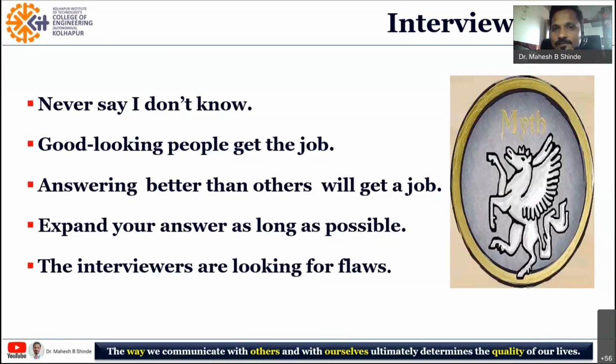How do you feel? Which is better? Number 1, politely accepting that I do not know the answer and I will come to know about it. Number 2, without knowing the answer, trying to guess and very boldly, confidently giving that answer, even if it is wrong. As a manager, as an interviewer, which will you prefer, first or second?